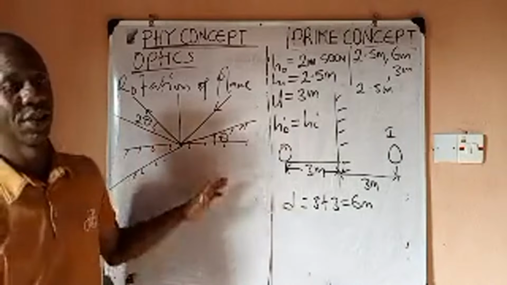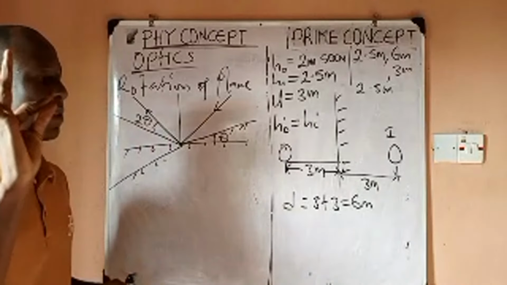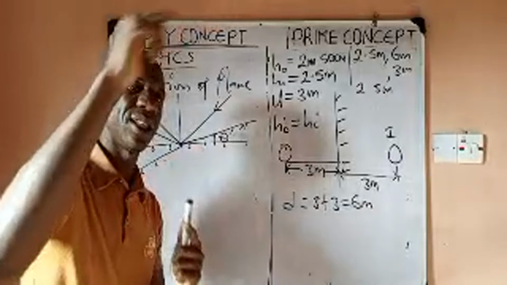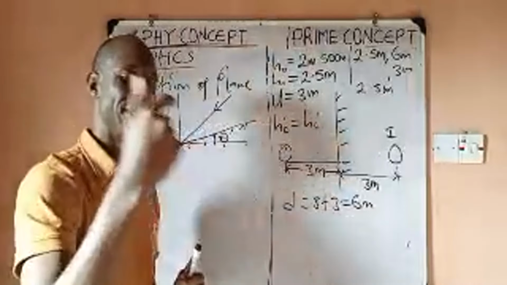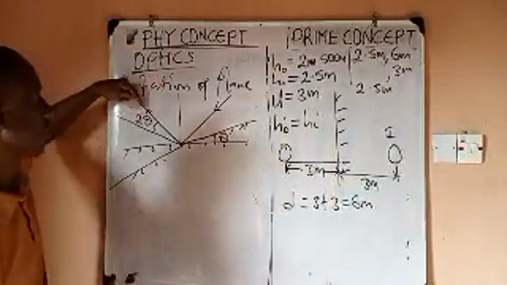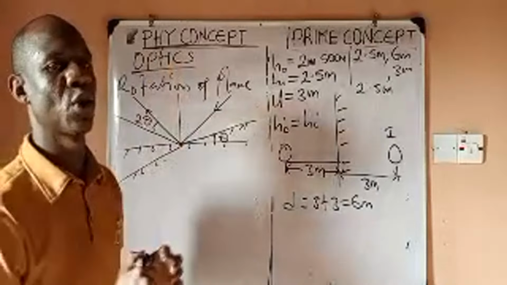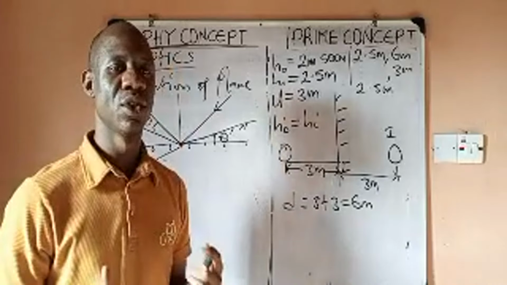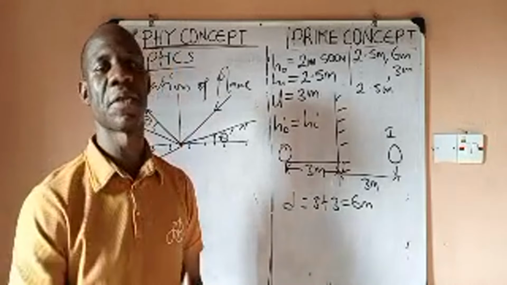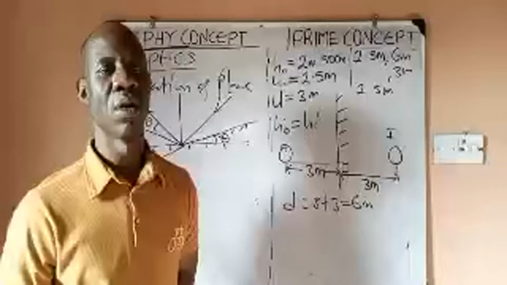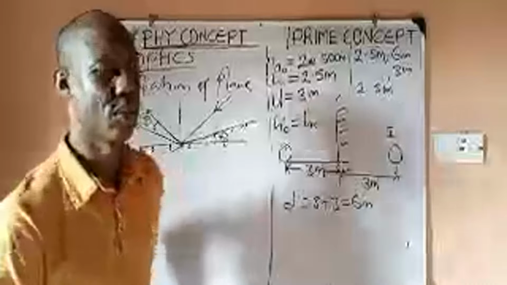I don't want to do any derivation. The concept says if a plane mirror is turned or rotated through an angle of theta, then the reflected angle would shift through 2 times that angle. So let me quickly ask you, if a plane mirror is rotated through an angle of 45 degrees, what will be the new angle of rotation for the reflection?